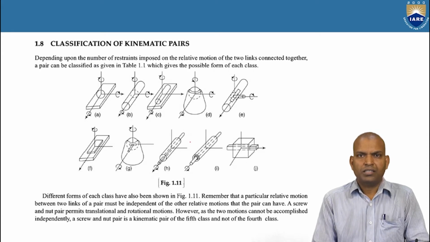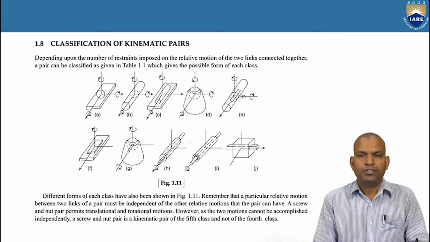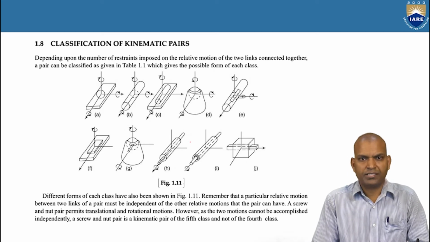Now, this is the classification of kinematic pairs based on the number of restraints and constraints. In the previous lecture, we studied the classification of kinematic pairs based on nature of contact, nature of constraints and nature of motion. Nature of contact means higher pairs and lower pairs.